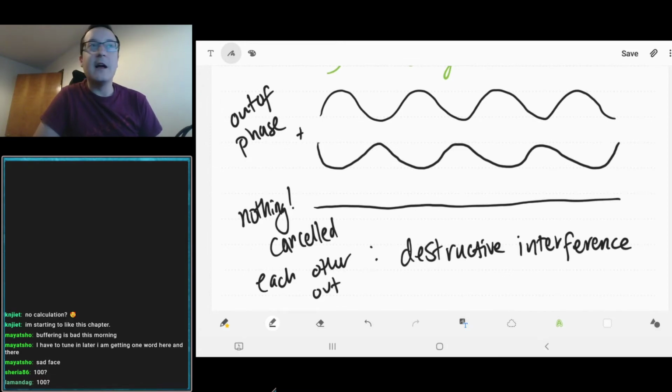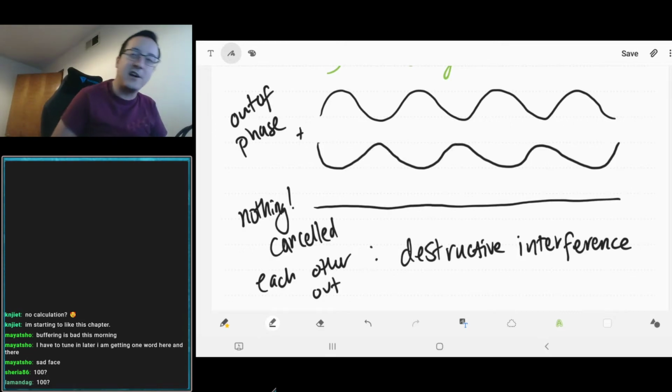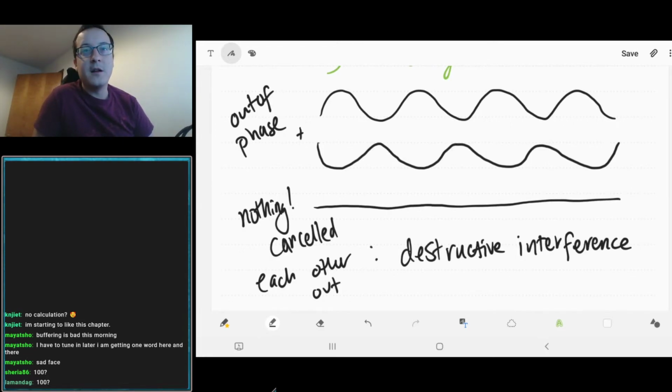And by the way, fun fact for you guys, sound is also a wave, right? It's not the same type of wave. It doesn't have an electromagnetic component. It's just a pressure wave, but it's still a wave. How your noise canceling headphones work is they say, okay, that top wave is the sound coming in, and they take that sound and generate another sound with the same wavelength, but out of phase.